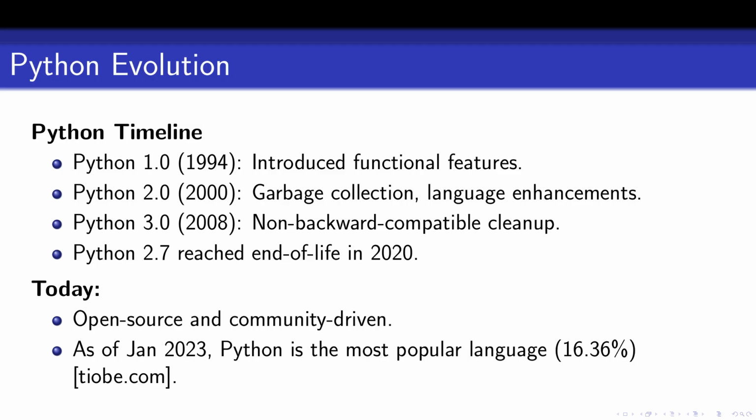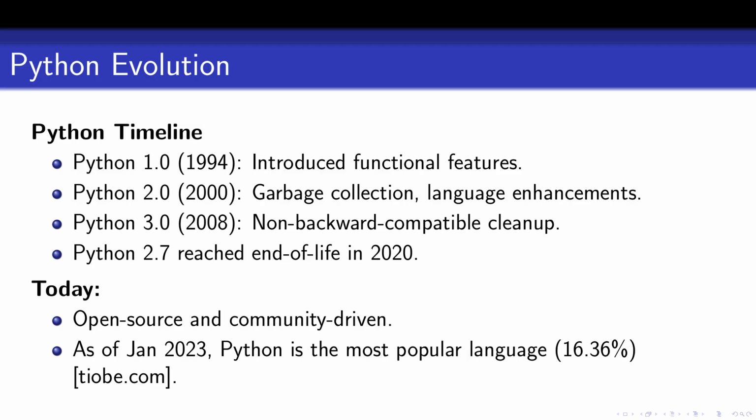Python has gone through several major versions, each introducing new features and improvements. Python 1.0 was released in 1994 and introduced support for functional programming features borrowed from languages like Lisp. Python 2.0, released in 2000, brought in garbage collection, a way to automatically manage memory, along with many other enhancements.